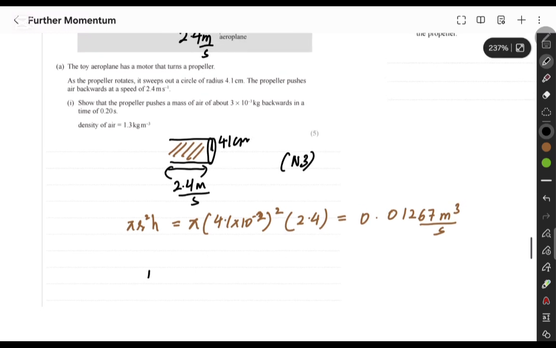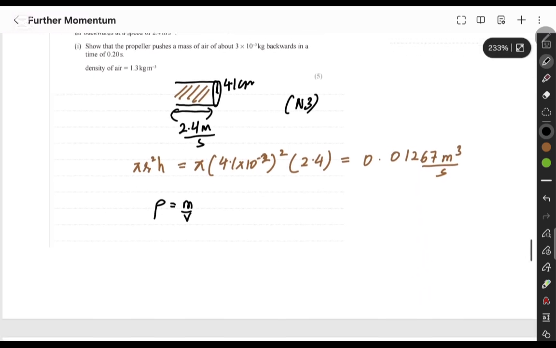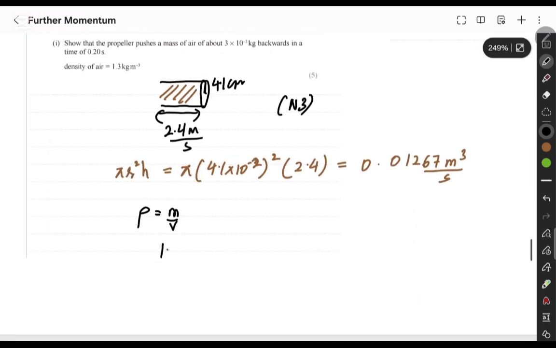Now we can use density equals mass over volume. I can do 1.3 kg per meter cubed times 0.01267 meter cubed per second.